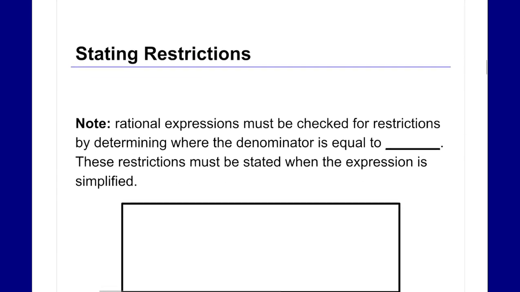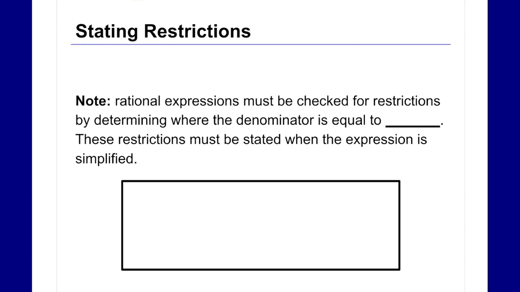So stating restrictions is basically just checking to see where the denominator is equal to 0. And where we find that it's equal to 0, those are the restrictions, because we cannot have the graph existing at those spots.